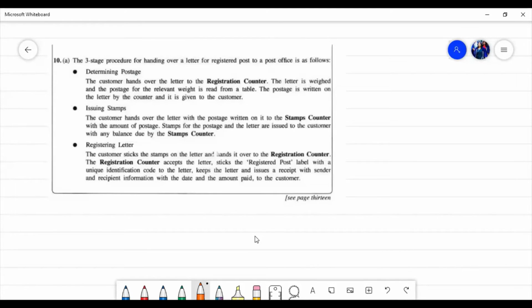Now here, the 3-stage procedure for handing over a letter for registered post to a post office is as follows. The beauty here is that they have given the 3 stages very easily. This is about a letter registration system.